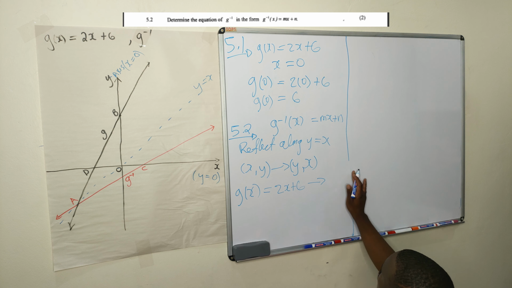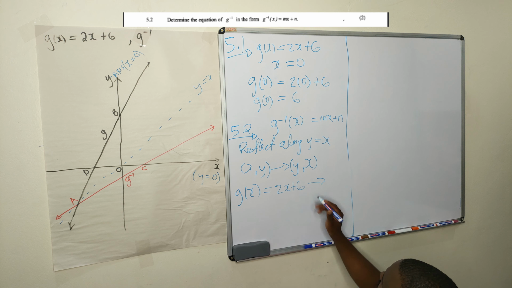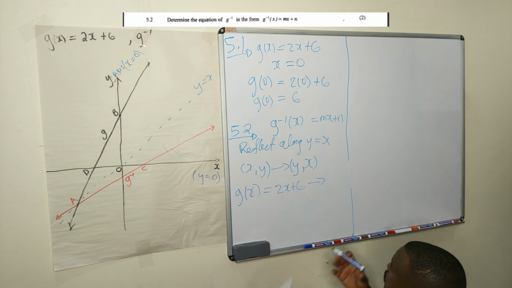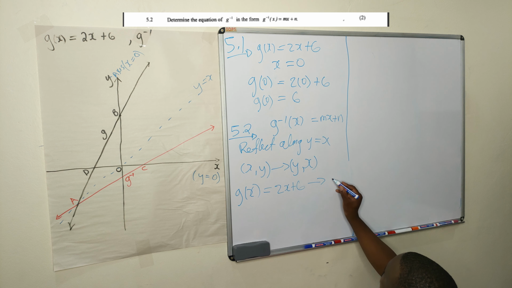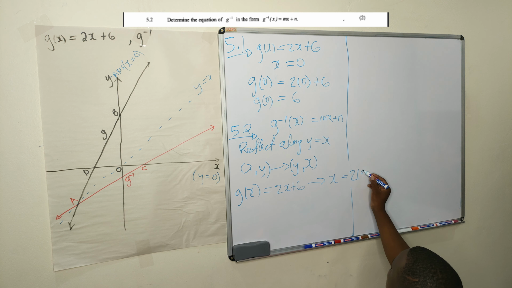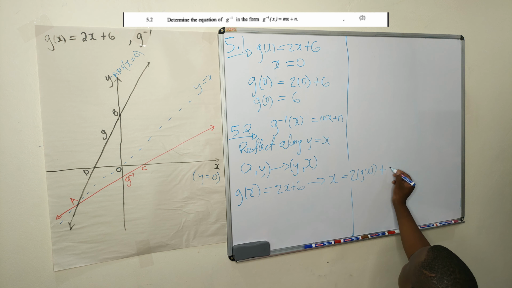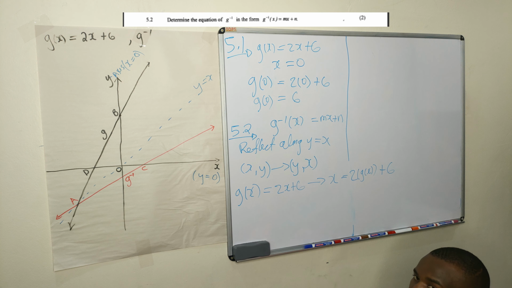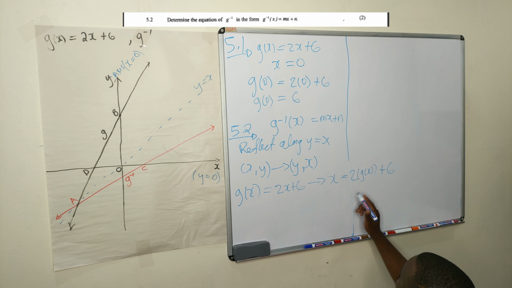That means because you just swap x and y around, in the place of x you put your y, in the place of y you put your x. So here you will have x is equal to 2 g of x plus 6. And then from this equation here, you solve for your g of x.